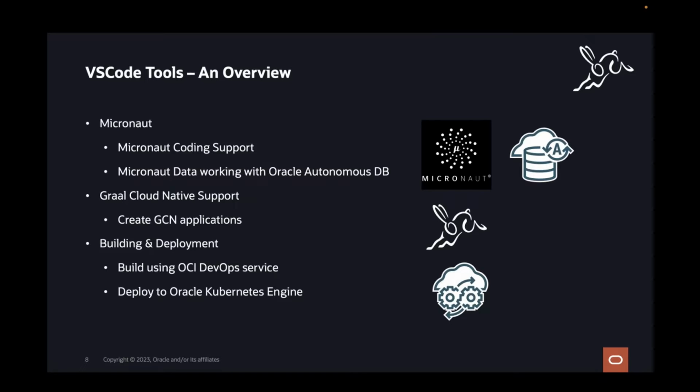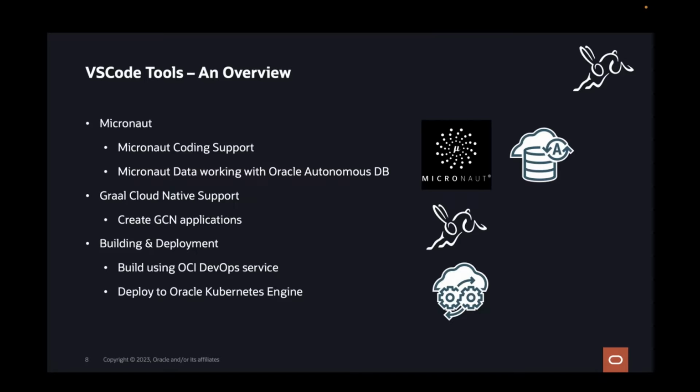And finally, we also concentrate on making building and deploying your application with Oracle Cloud easy. So we provide support for using the OCI DevOps service. If you don't know or you haven't used the DevOps service yet, it's a hosted service within OCI that lets you basically manage your source code repository and manage your build and deployment pipelines.